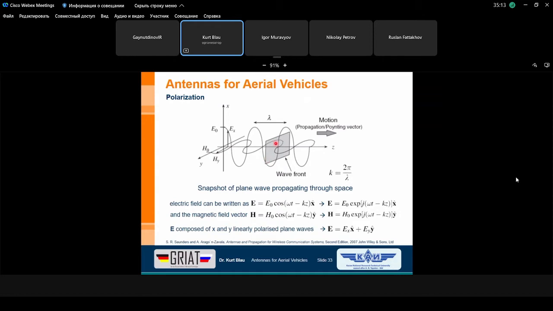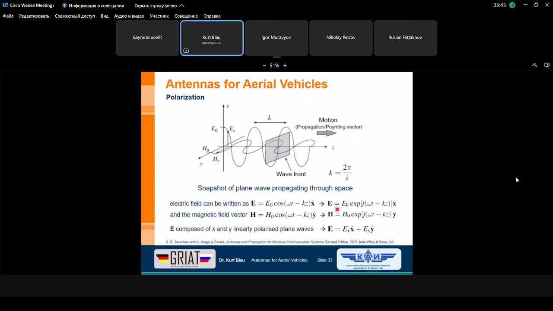at this time here. And the distance between the maxima is determined by the wavelength. This should also be clear. And it's also shown here, it's a snapshot of the plane wave propagating through free space. And here you can see again, we can write the E field component in such a way.